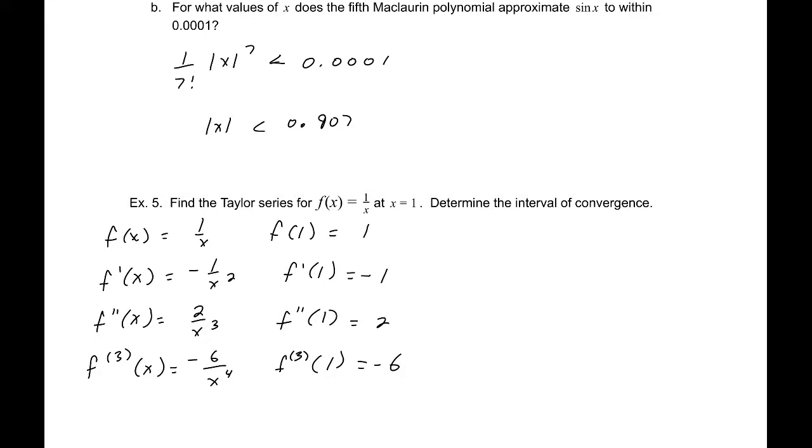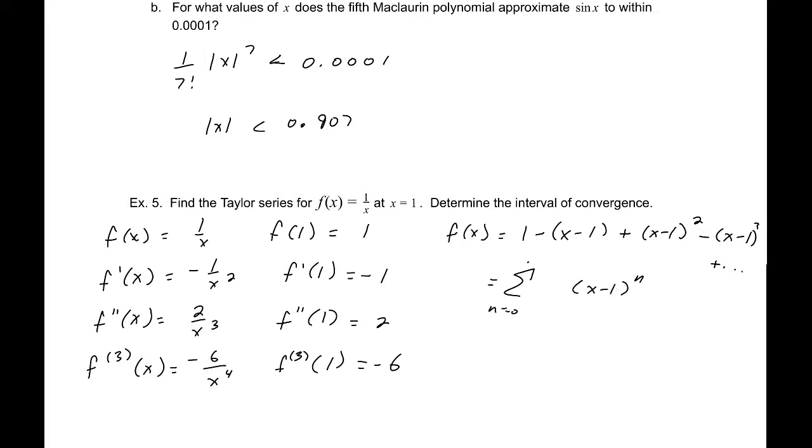So once we actually divide by our n factorial in each of those terms, our Taylor series ends up being 1 minus (x minus 1) plus (x minus 1) squared minus (x minus 1) cubed, etc. So we can write that as, well, it's alternating with terms of (x minus 1) to the n, and it's alternating, so we'll have negative 1 to the n.